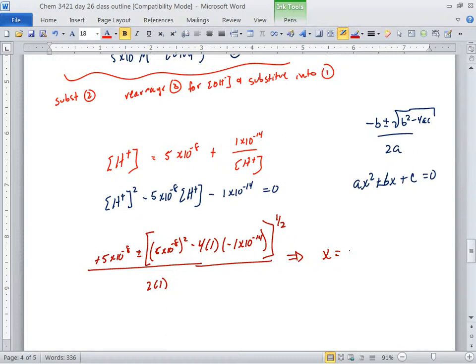One of those answers is going to be negative, and that one won't make any sense. I don't know if I did that right or not. I got about 1.28 times 10 to the negative 7 for my x, the only one that's positive.